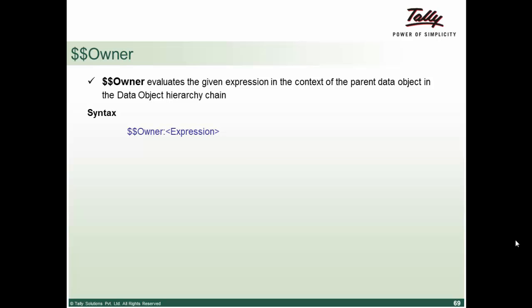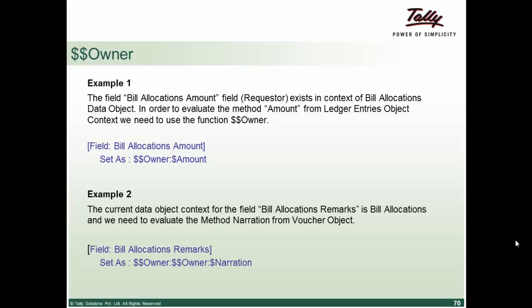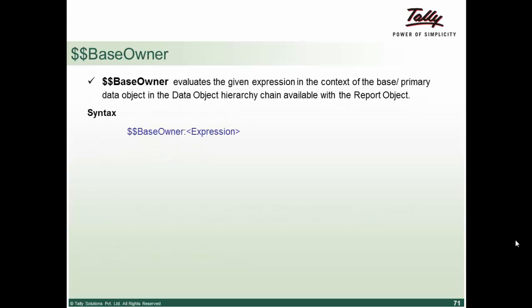Now if we want to get a value directly from the primary object of the current object, we can make use of a function called $base owner. Base owner evaluates the given expression in the context of the current object's primary object.